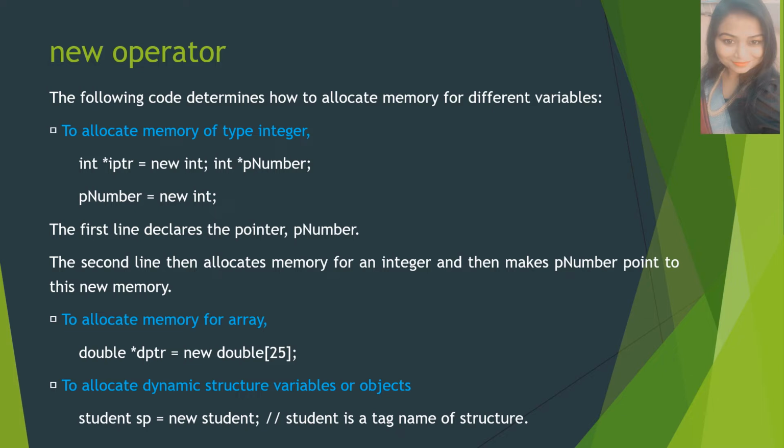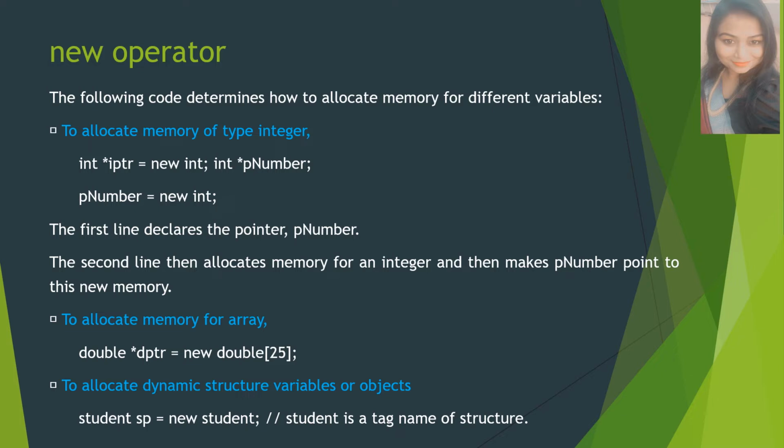Here double is a data type, dptr is a pointer variable, new is the operator, and then double with a subscript, which indicates that it is an array. Within the subscript we have to mention the size of the array, which indicates how many elements are to be present in the array.